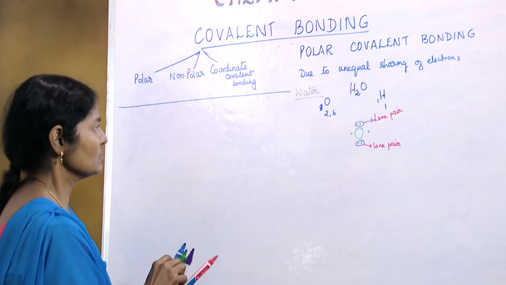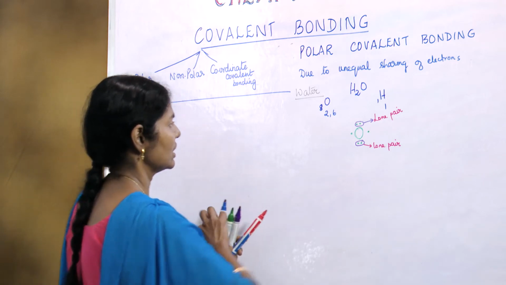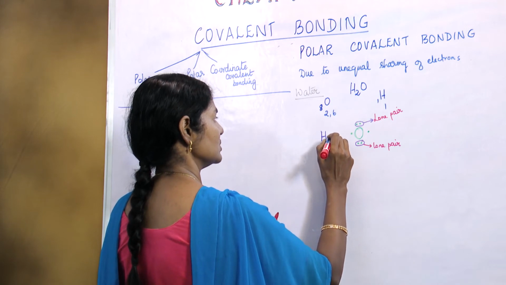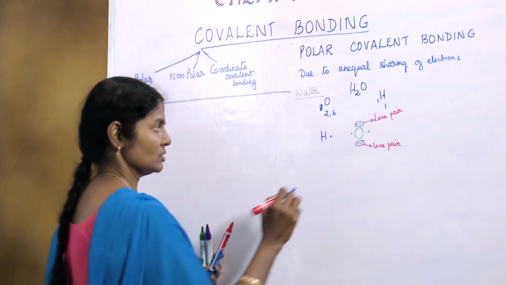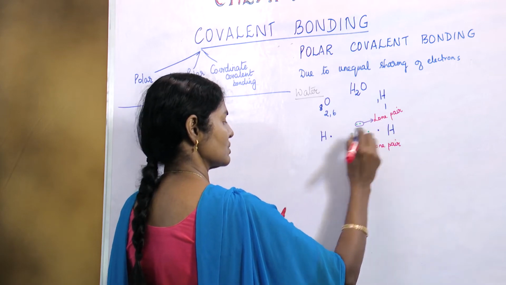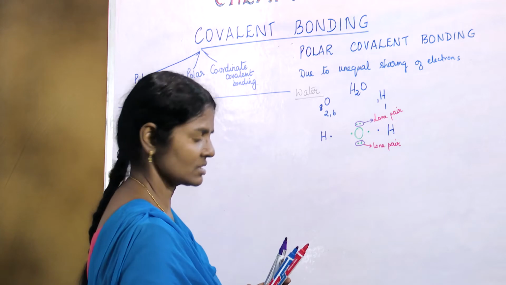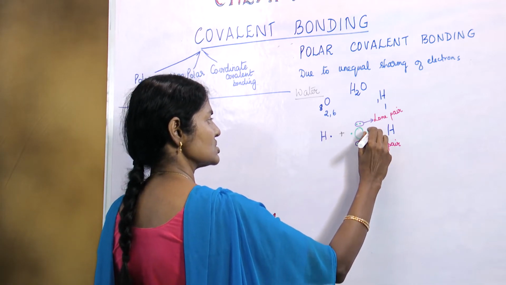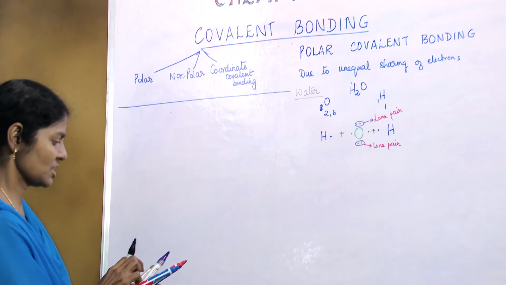Now coming to the hydrogen, there is one hydrogen atom here with one electron, another hydrogen atom here with another electron. Now these three are the ones which are going to combine oxygen and hydrogen together.